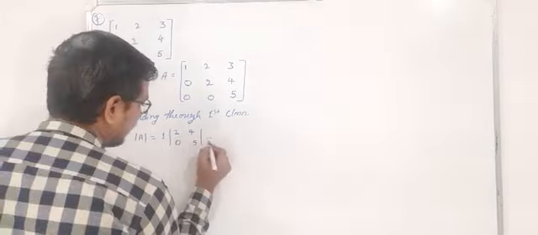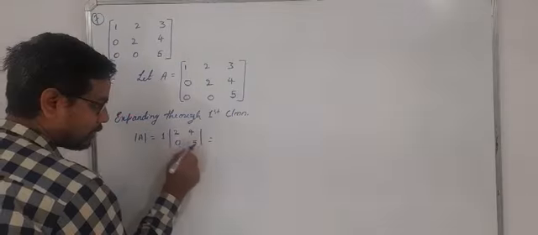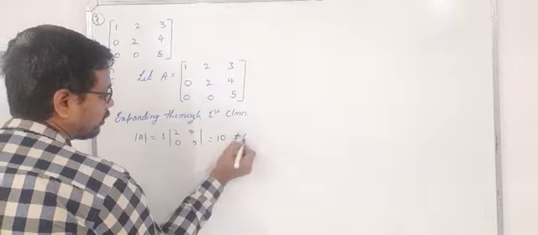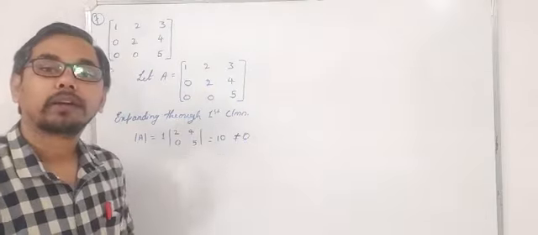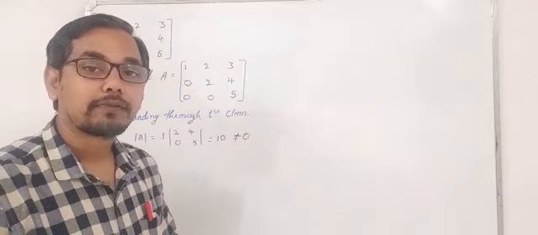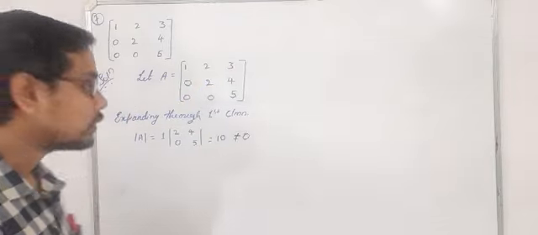What you will get? 1 as it is, 2 into 5 is 10, 10 minus 0 is 10, and this is not equal to 0, right? So as this is not equal to 0, definitely there exists the inverse for this particular matrix. Okay.